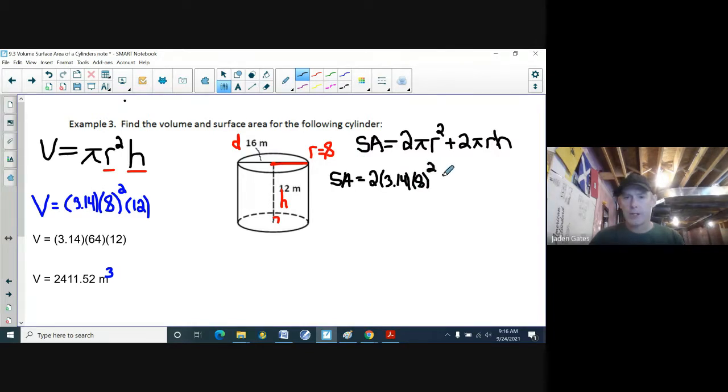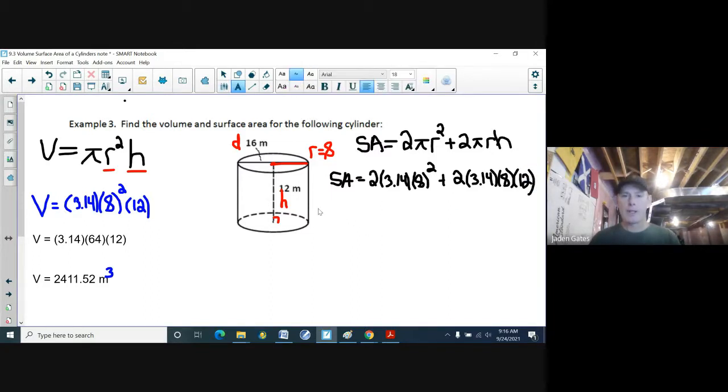Plus, again, the second part of this formula is 2 pieces. So 2 times 3.14 times my R, which again is 8. And then my height was, let's see here, have a look, 12. Whew.